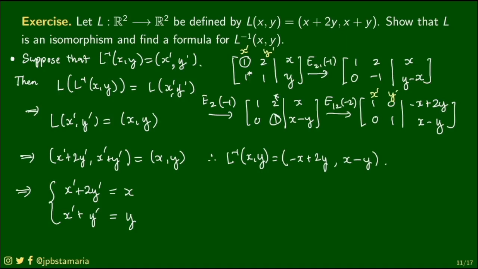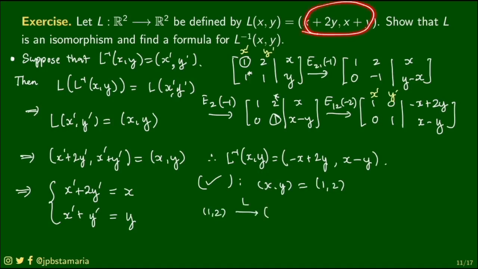Okay? If you want to check some examples, let's say (x, y) is (1, 2). If I take the image of (1, 2) under L, I use this formula. So x plus 2y becomes 5, x plus y is 3.